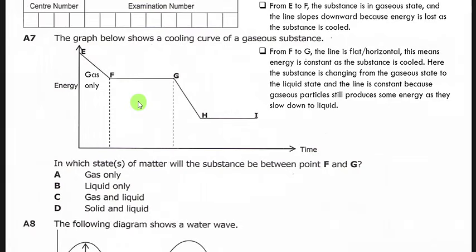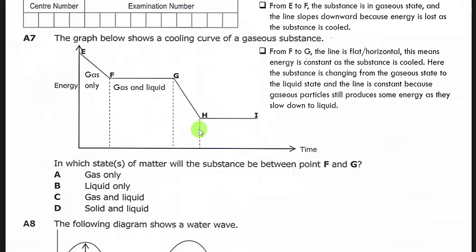All right, then when we check another point here, from here there's gas to liquid, there's a change here. So we have gas and liquid because the gas is changing to liquid. That's why here it will drop.